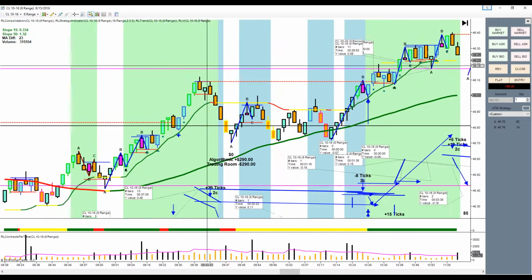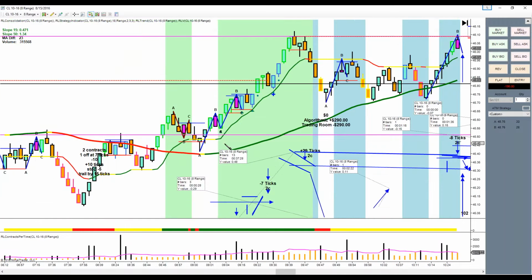And here's another one. A pullback right at the point of the transition zone. There's the entry. Now here we only have 1 candle pullbacks, so it can't be a 15-tick pullback.